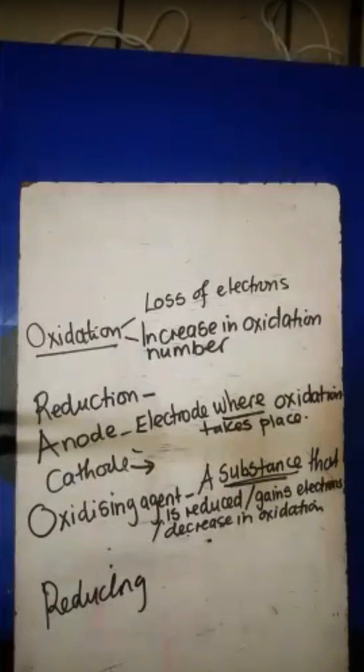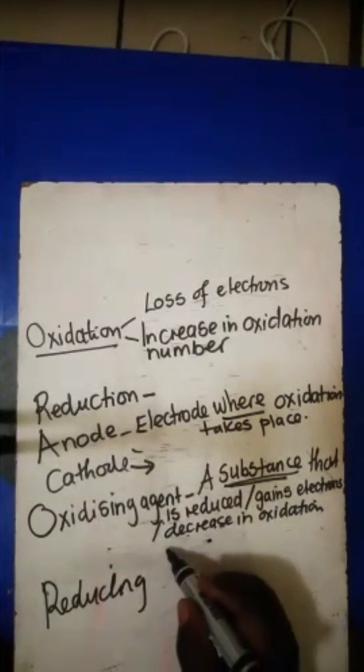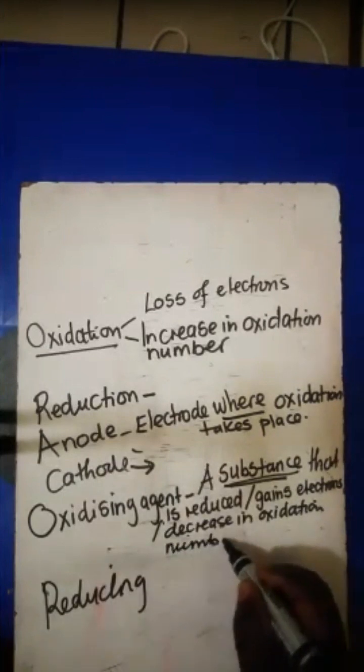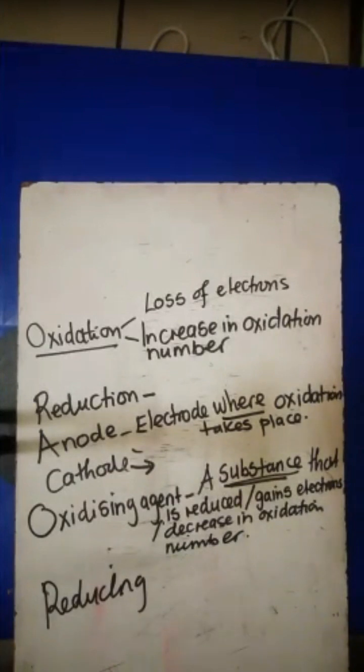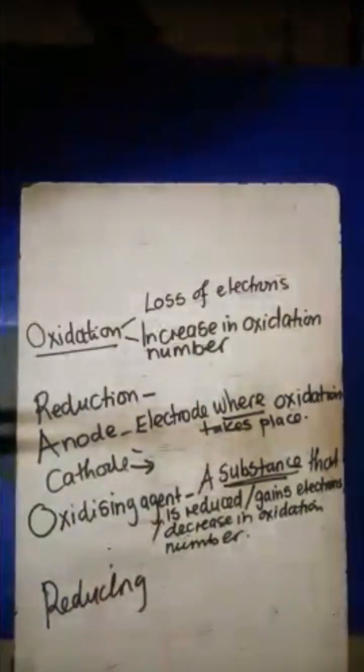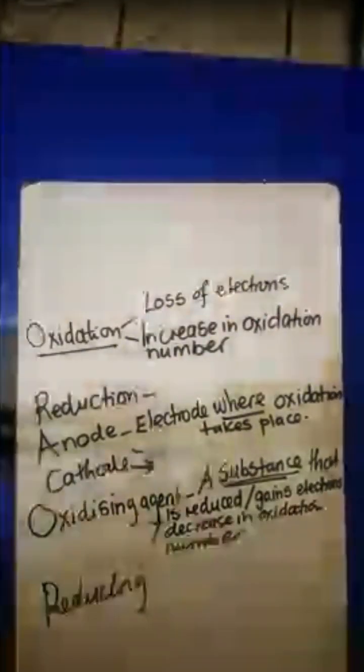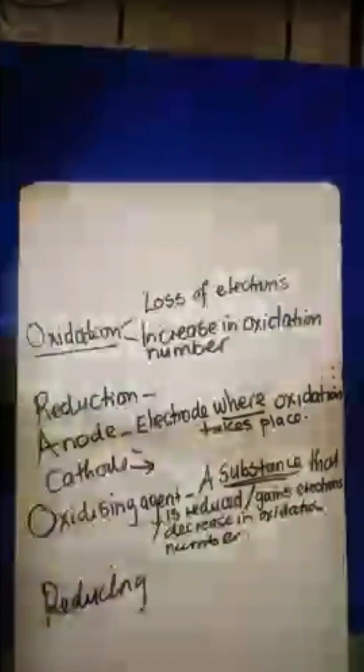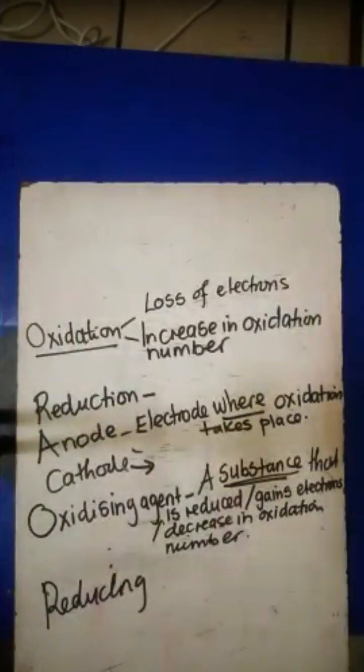We call it an oxidizing agent: a substance that is reduced, or a substance that gains electrons, or a substance that decreases in oxidation number. All these three are possible definitions of an oxidizing agent.